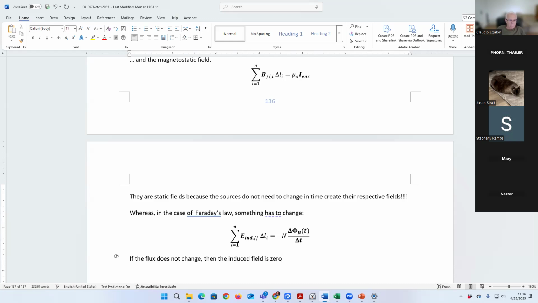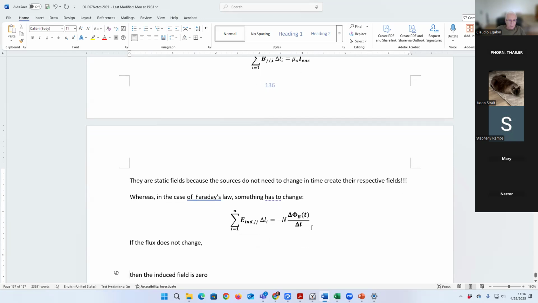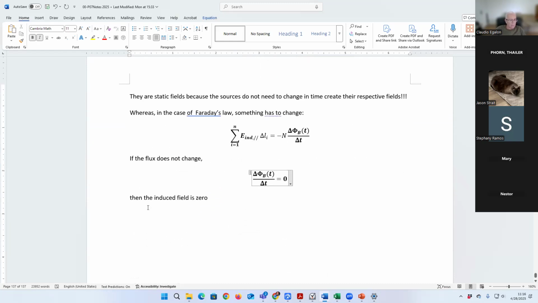If the flux doesn't change, delta phi over delta t is equal to zero, and the induced field is also zero.